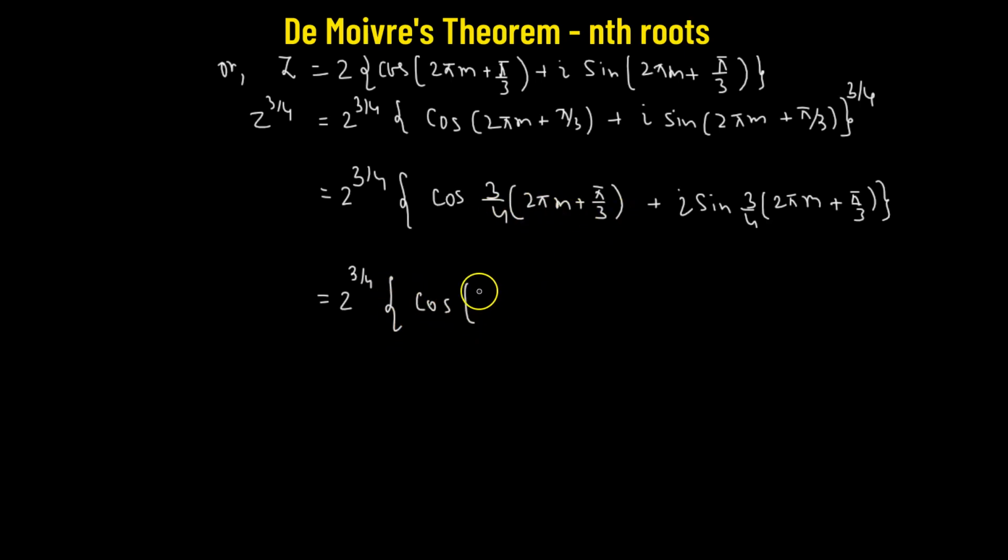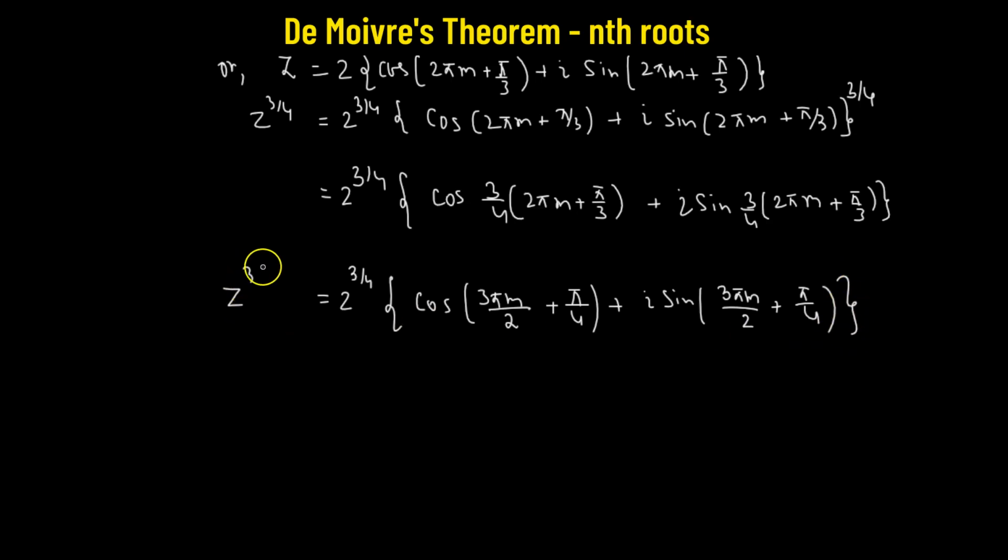So this gives us 3 pi m divided by 2 plus pi over 4, plus iota times sine of 3 over 4 multiplied to 2 pi m plus pi over 3, which is also 3 pi m over 2 plus pi over 4. Right, so this is the value of z raised to the power of 3 over 4.